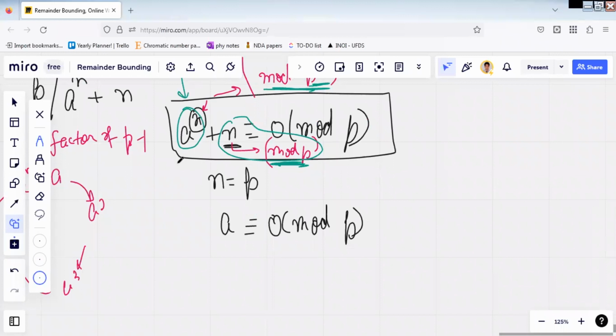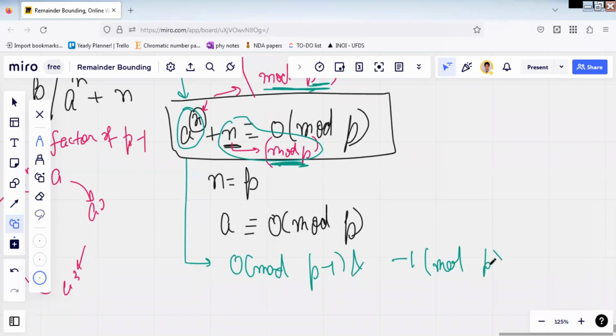What if we just pick it to be something mod p minus 1, and anyway we can choose it mod p? Yeah, that is what I was trying to say. For example, if we just pick it to be 0 mod p minus 1 and minus 1 mod p.